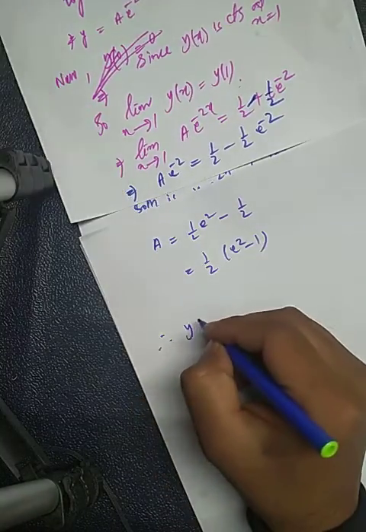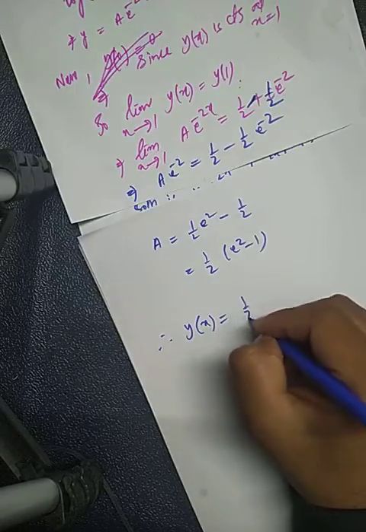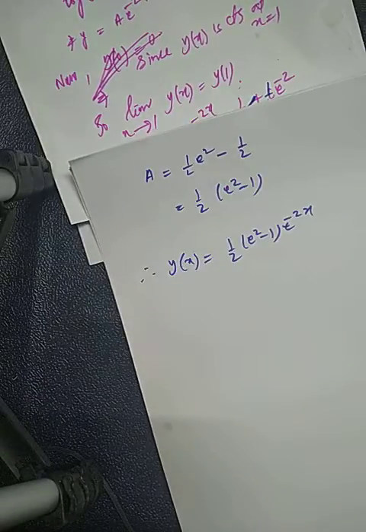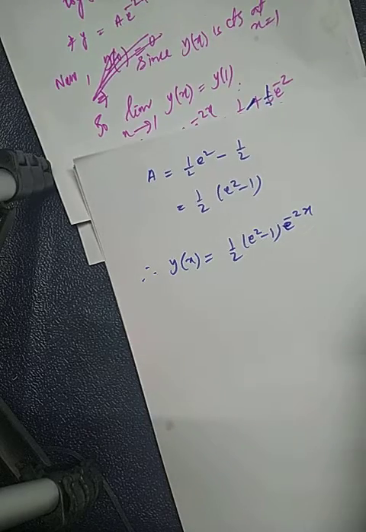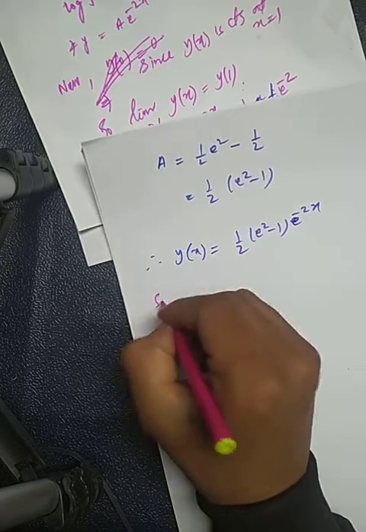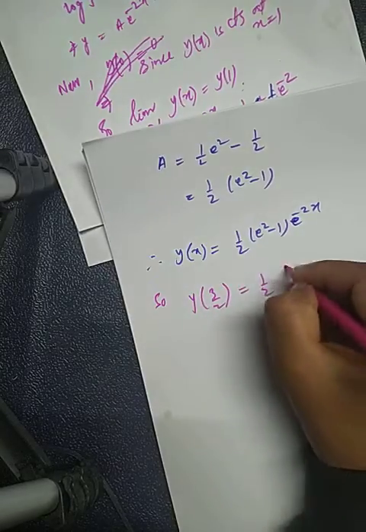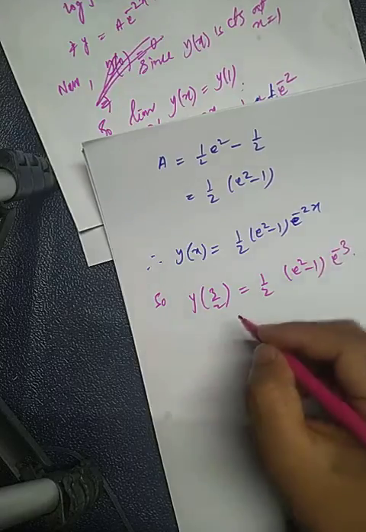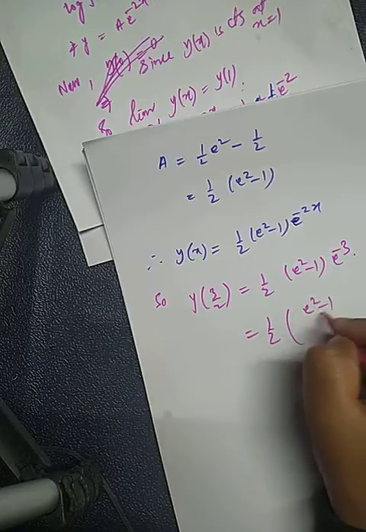Therefore y of x will be equal to half into (e squared minus 1) into e to the power minus 2x. So what is the value of y of 3 by 2? It will be half into (e squared minus 1) into e to the power minus 3. So it is equal to half of (e squared minus 1) by e cubed.